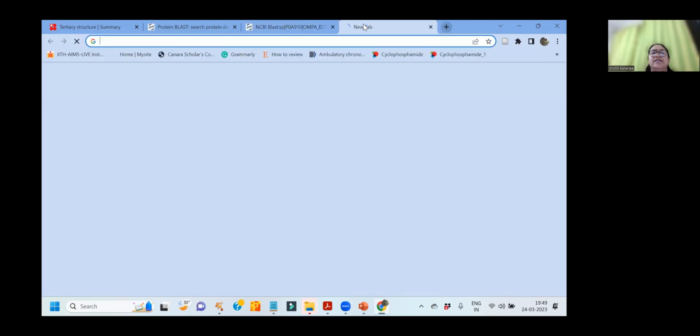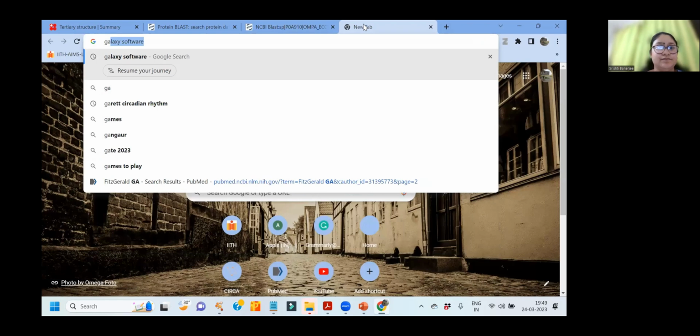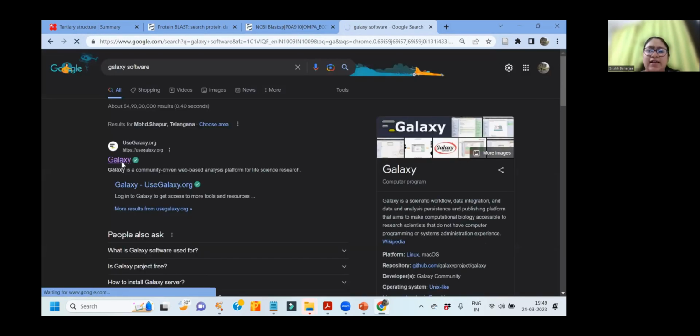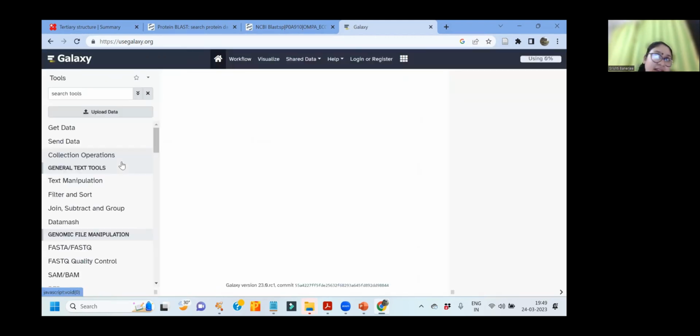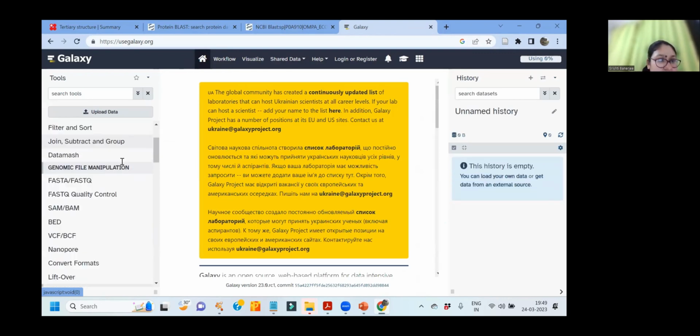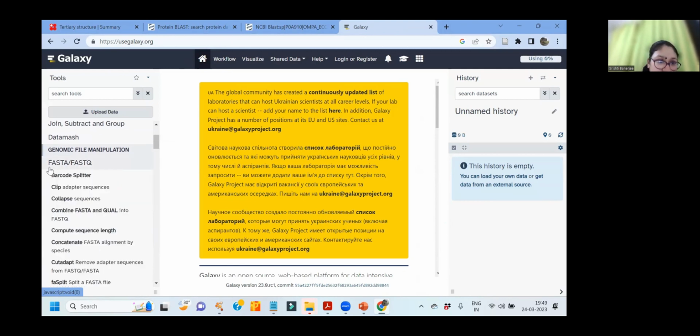And in case of Galaxy, if we go to the website, Galaxy is mostly used to modify your own data when we are working. You see here, if we click on FASTQ, barcode splitter, clip adapter sequence, collapse sequences.